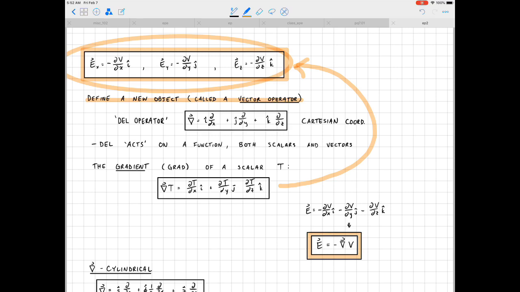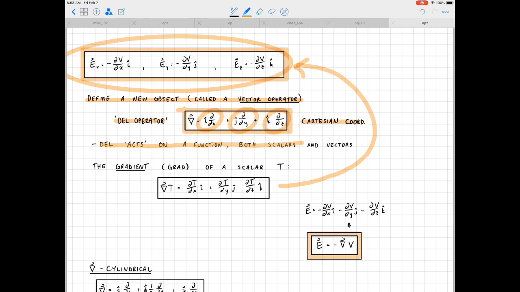Just make sure that you appreciate the basic math concept, that this del operator, which we're defining as the derivative with respect to x in the x direction, the derivative with respect to y in the y direction, plus the derivative with respect to z in the z direction. So this is the Cartesian coordinate version of the del operator.